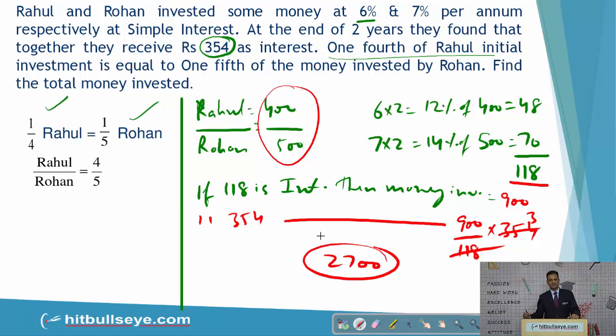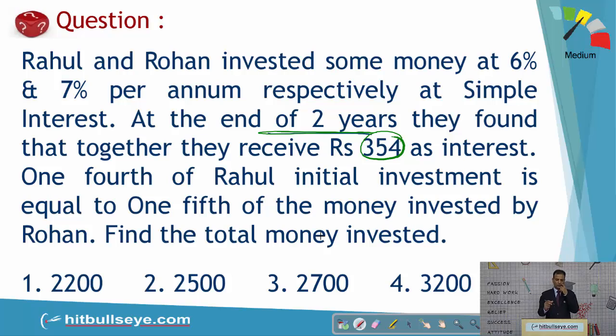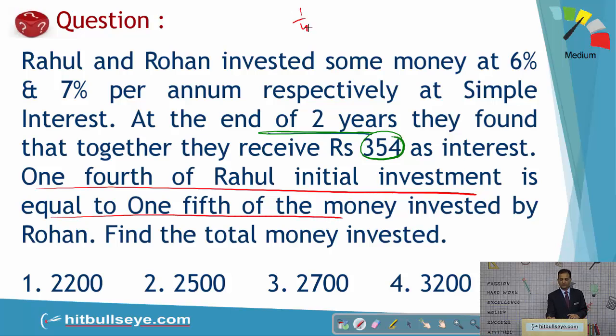No need of writing. So don't take 4x, 5x, then it will be in decimal, and sometimes it can be a lengthy process. Again, friends, if we want to do it orally, how can we do it? You can see 1/4 of Rahul's initial investment is equal to 1/5 of Rohan's. So Rahul by Rohan is 4 by 5, and the answer is in whole number.